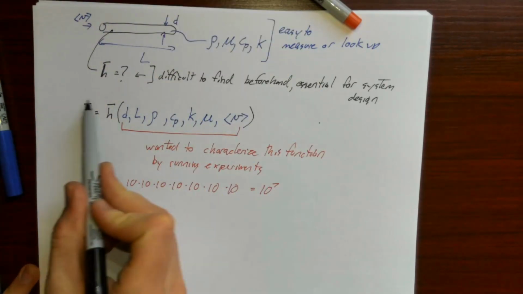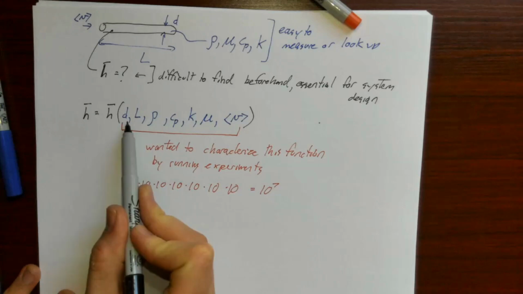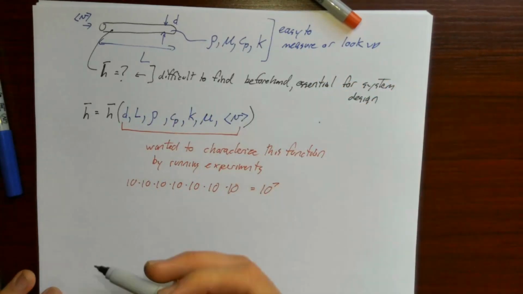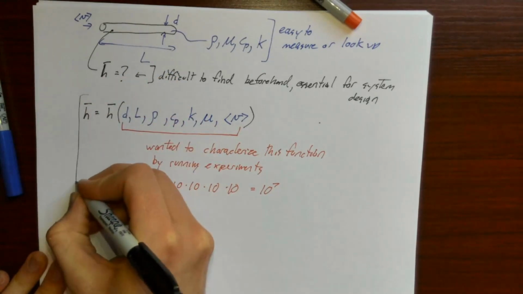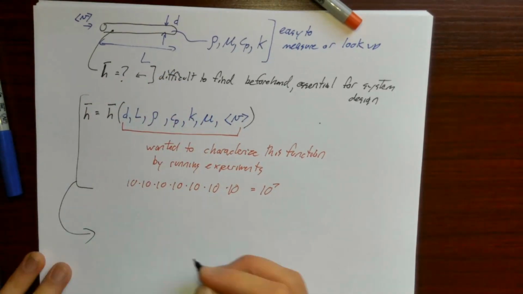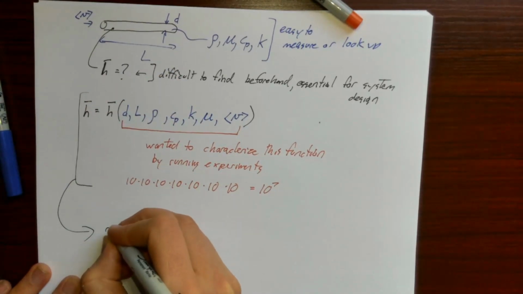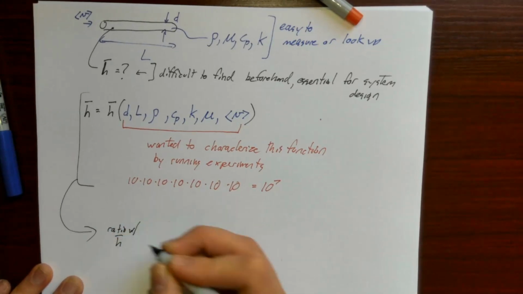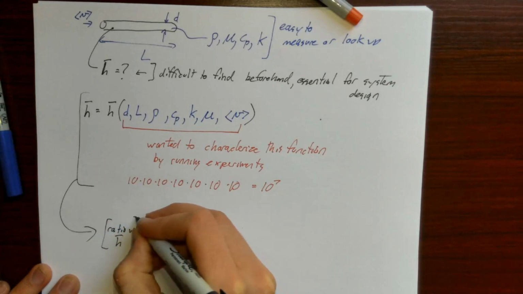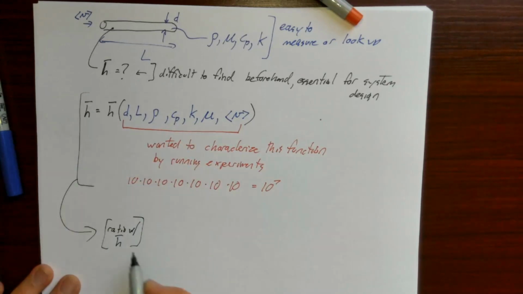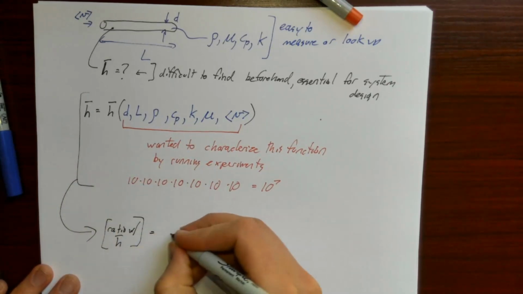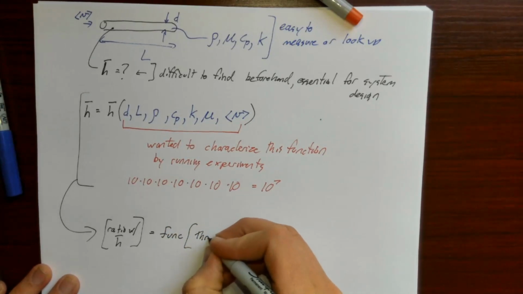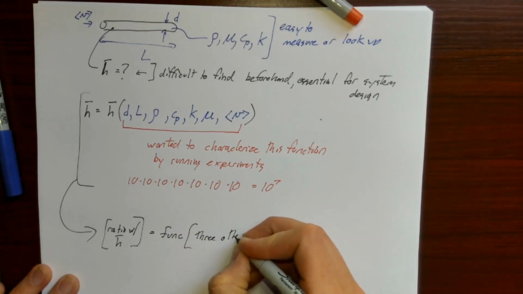Rather than forming h bar as a function of 7 variables where we need to test 10 different values of each of them, what we're going to talk about today is a way where I can have a ratio with h bar in it, and some ratio of these variables with h bar as one of them is going to be a function of only 3 other ratios.